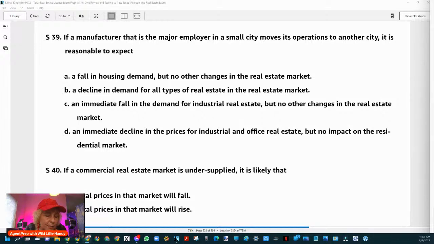Some of its suppliers may also have to cease operations. Hence, the demand for residential real estate as well as for commercial and industrial will decline, and new construction will probably also halt until some other factor increases demand again. So that's the economics of supply and demand.